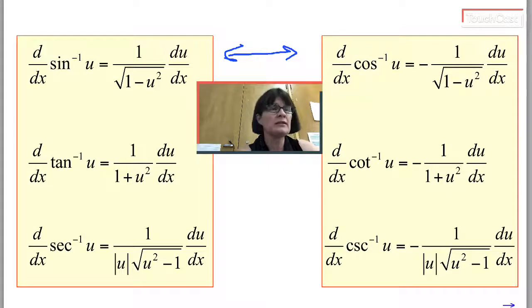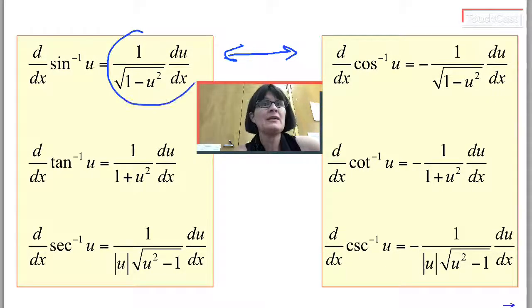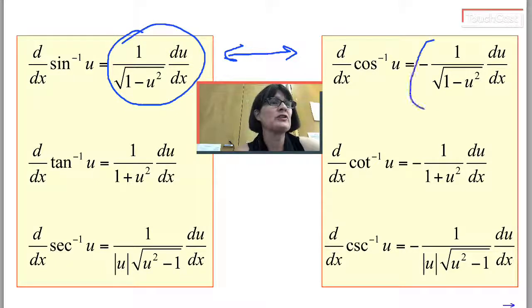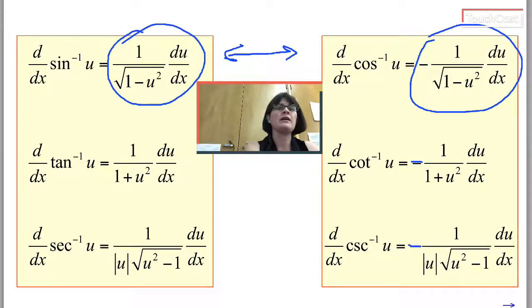And just notice, if it helps you, if you were trying to memorize these rules, which you have to do, the derivative for the inverse sine function is exactly the same as the derivative for the inverse cosine function, except there's an extra negative. So the co-functions have a negative, where the non co-functions don't.